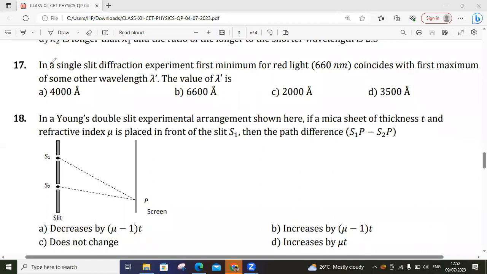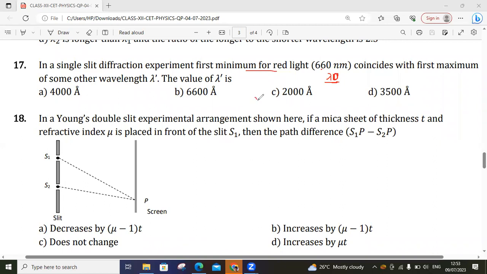17th and 18th. 17th, if you see, in a single slit diffraction experiment, the first minimum for red light coincides with the first maximum of some other wavelength lambda dash. So the first minimum position is lambda D by a.